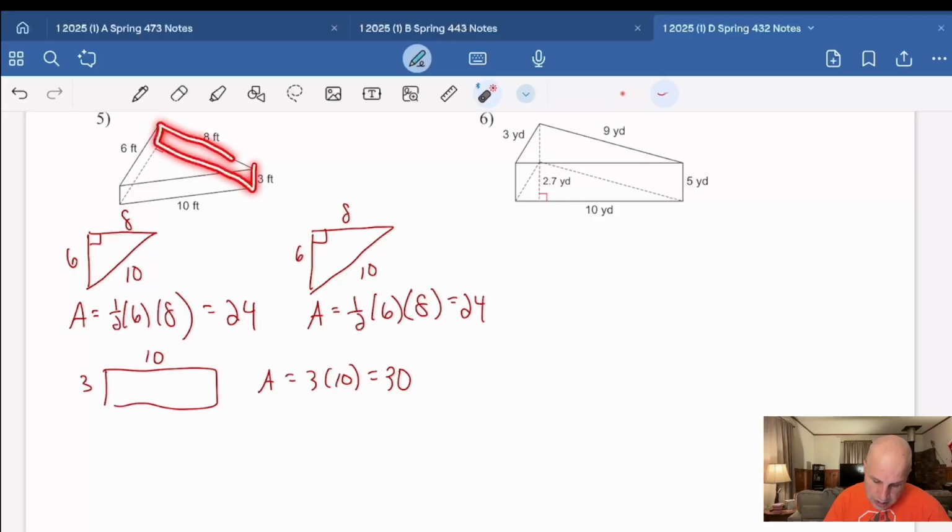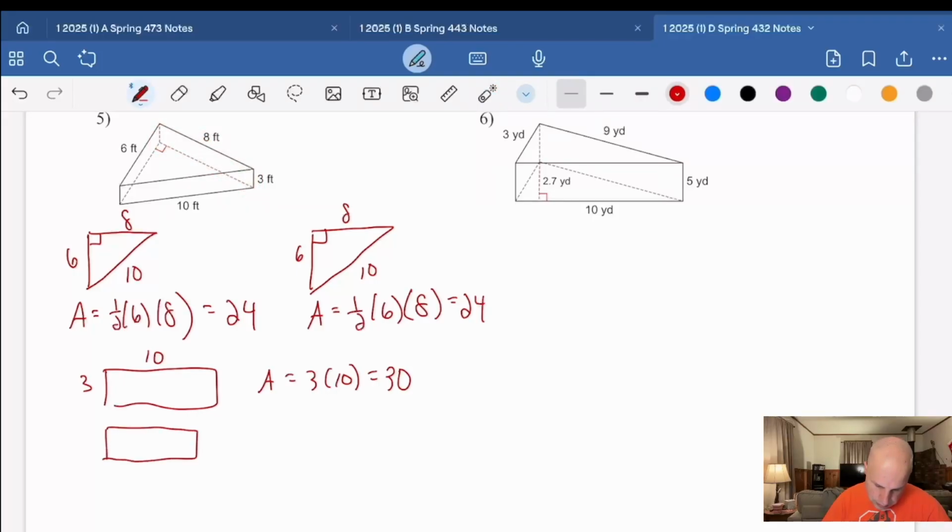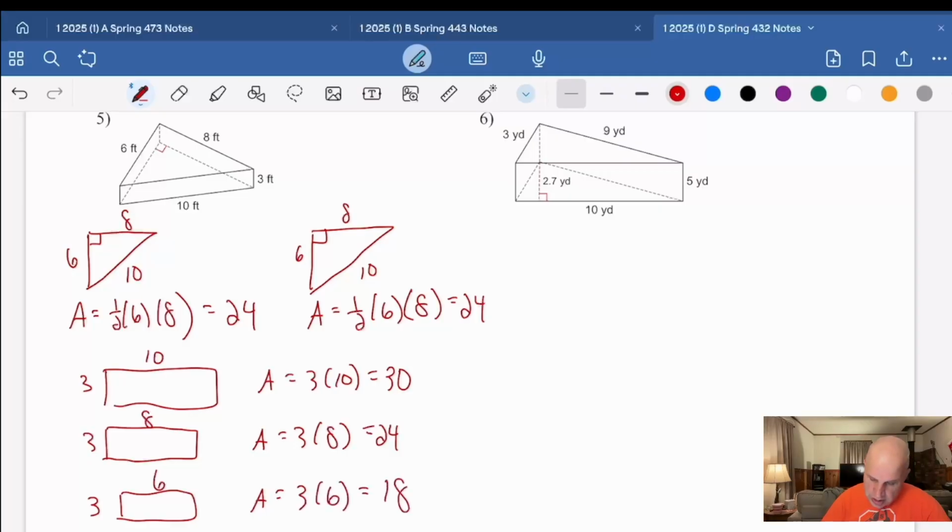That one is 3 by 8, so that area is 3 times 8, which is 24. Then the one on the left over here is going to be 3 by 6, so that area is going to be 3 times 6, which is 18.